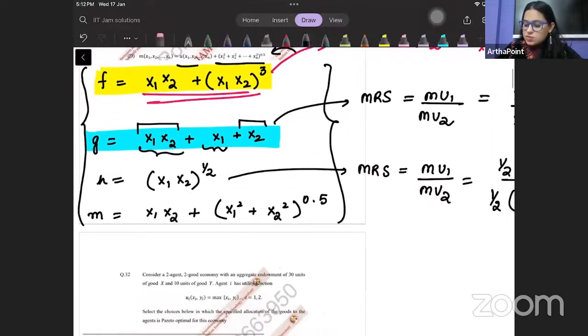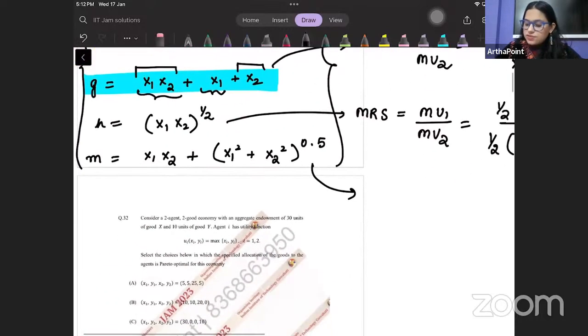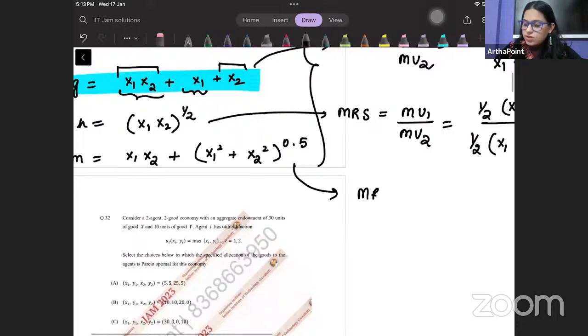And just check the last one. If you differentiate and find out the MRS, you will get mu1 by mu2.